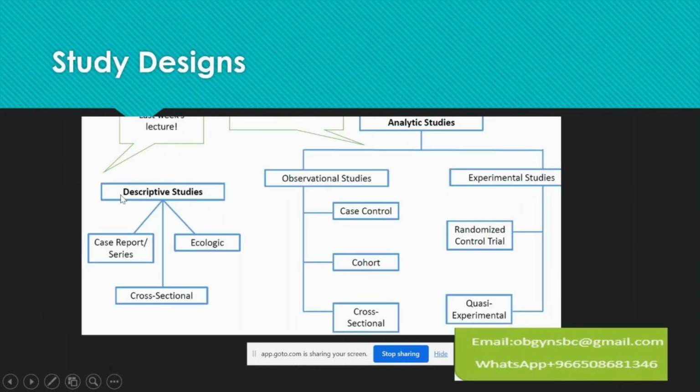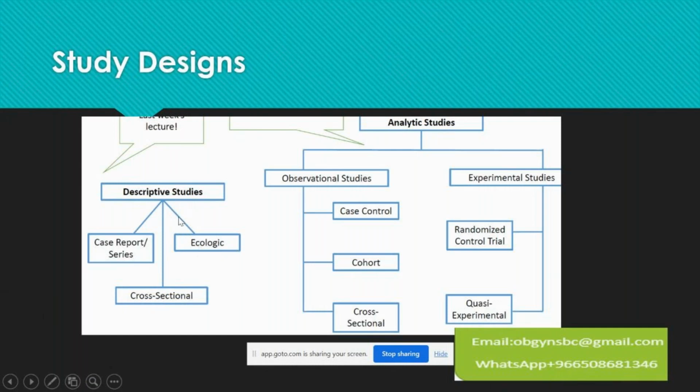So the study designs, like I said, can be descriptive or analytic. In the descriptive designs, there can be case reports and case series. These can be cross-sectional studies that we do at a certain point of time. It could be a single study or multiple studies, at a single point or multiple points depending on the schedule of the study, but usually at just one point of time.